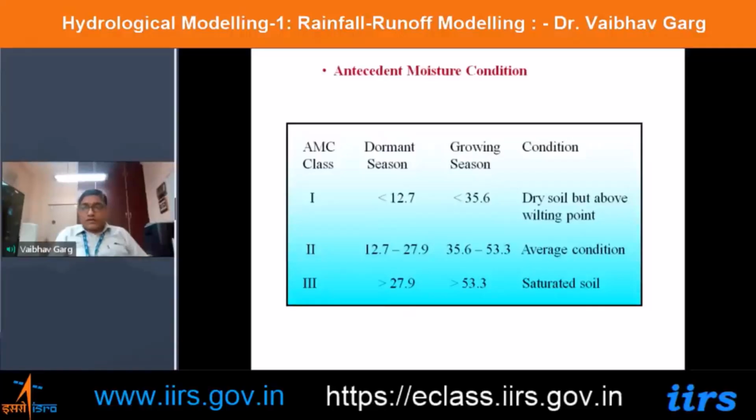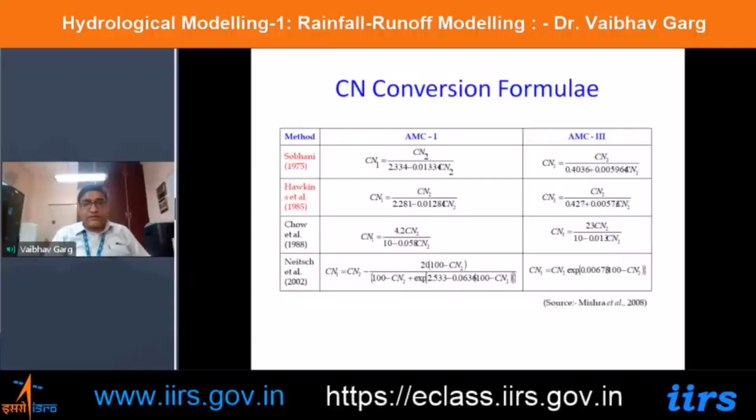It is not necessarily true that your entire watershed on a particular day is under AMC condition 2. So if we analyze the rainfall data, we can identify the AMC conditions throughout the watershed, whether it is 1, 2, or 3. If in our study area AMC conditions other than 2 are satisfied, then we have to convert the CN2 values.